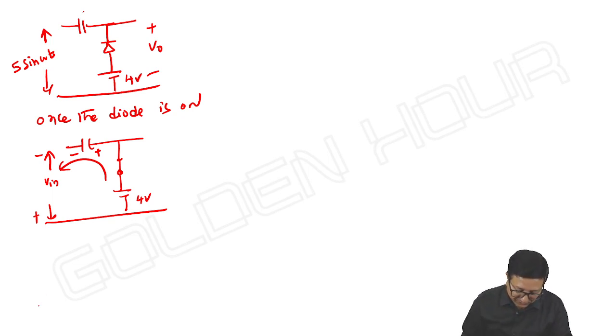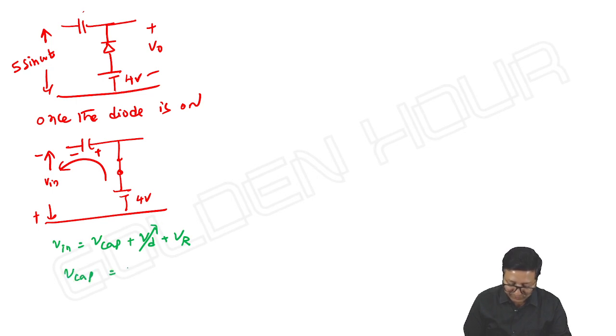But we know the original input has polarities from top to bottom. We know V input is equal to V capacitor plus Vd plus Vr. And neglecting Vd, V capacitor is equal to V input minus V reference.